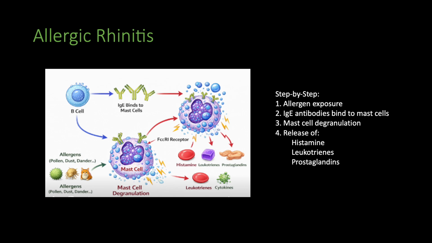Mast cells are essentially those cells that are floating around, usually in the smooth muscle area of the upper respiratory part, the lungs, the nose, the nasal blood vessels, those areas. Then these allergens bind to those receptors and release these inflammatory particles.